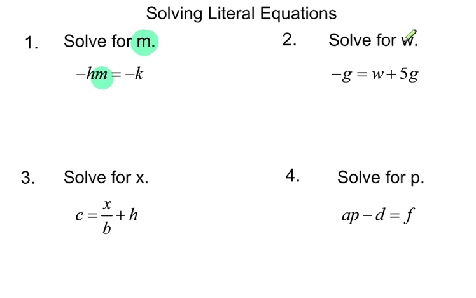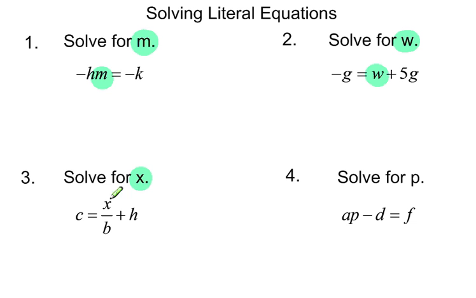In this next problem, it says solve for w. So we need to get rid of the 5g. And get rid of is kind of a misnomer. You're not really getting rid of it per se, but it's a layman's term for what we're trying to accomplish.